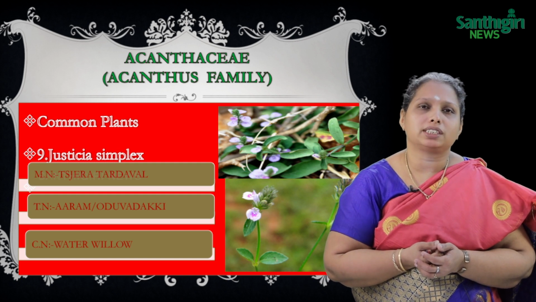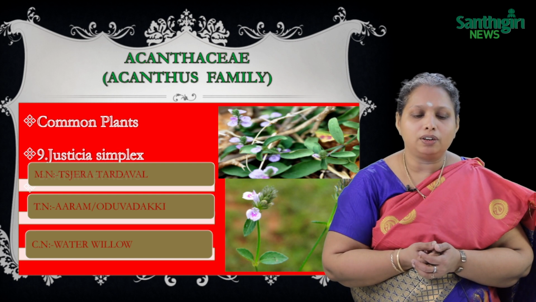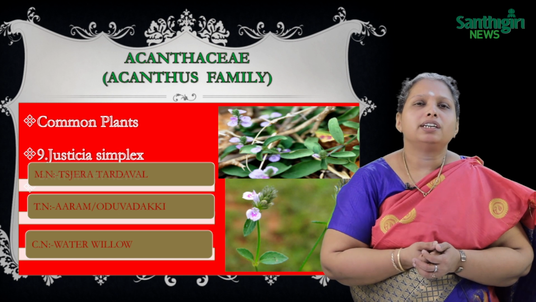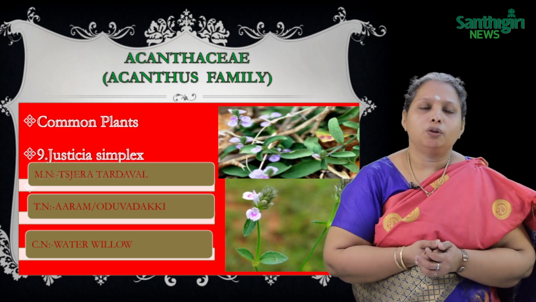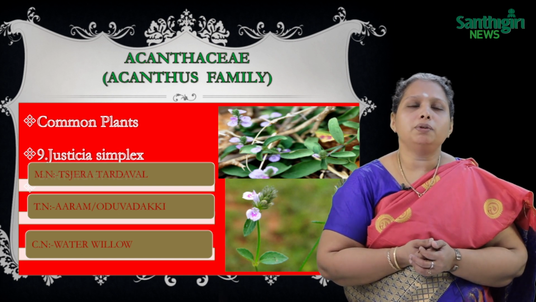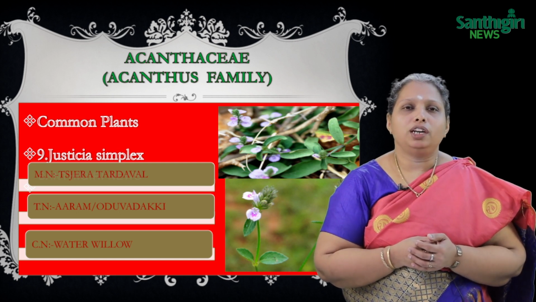Next plant is Justicia simplex. The Malayalam name is Thrajaru Thredaval, the Tamil name is Aram or Odivu Adaki, and the common name is water willow.